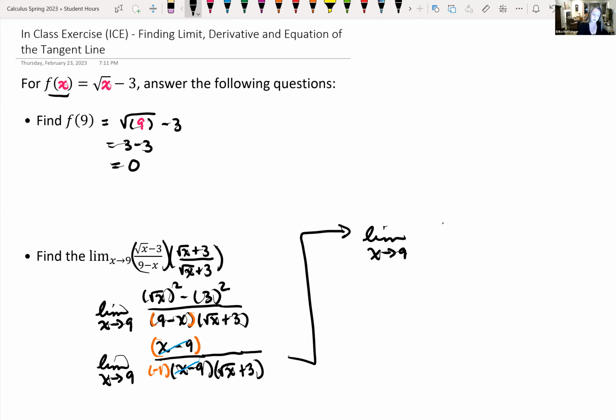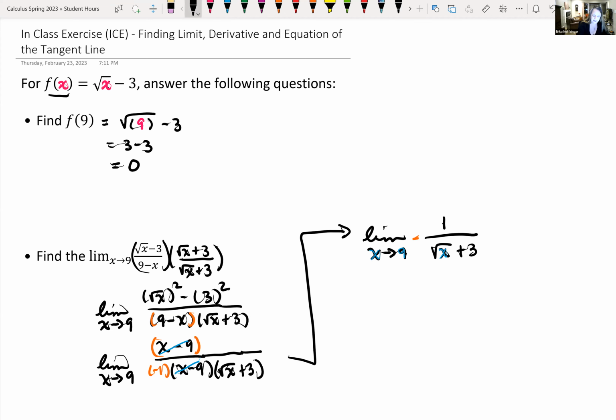In the numerator, I'm left with a 1 all over -1, so I'm going to pull that negative out front, over the square root of x plus 3. If I plug in 9 wherever I see an x now, I'm not going to get an indeterminate form anymore, and we will be able to evaluate this limit as x approaches 9.